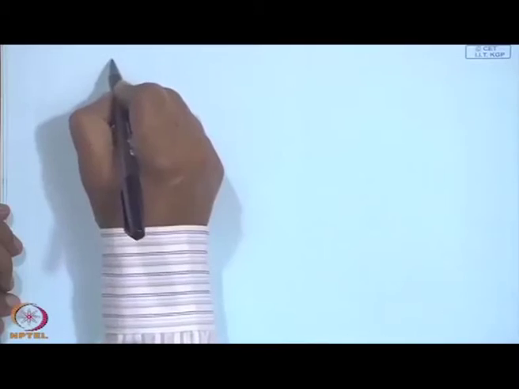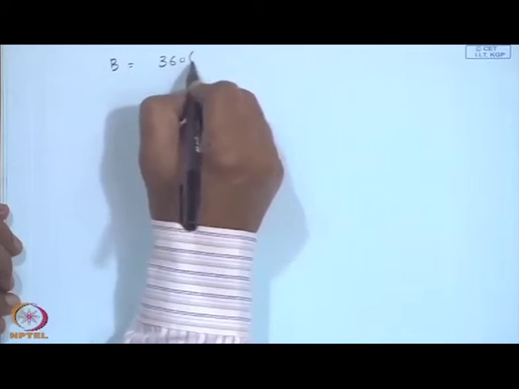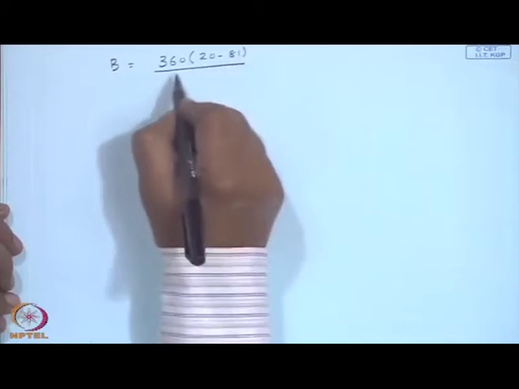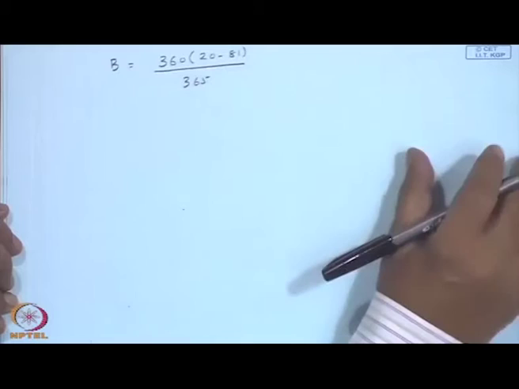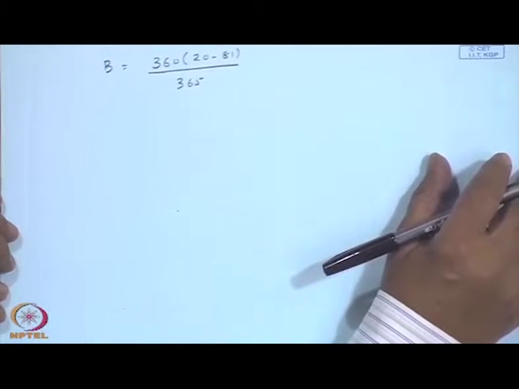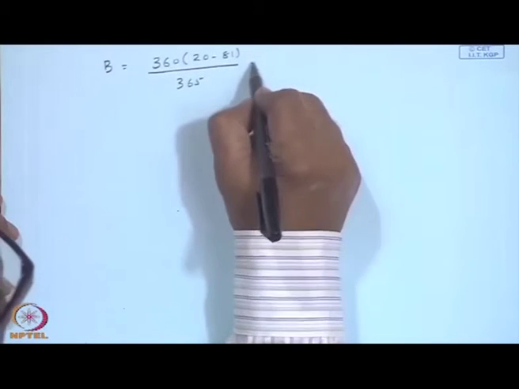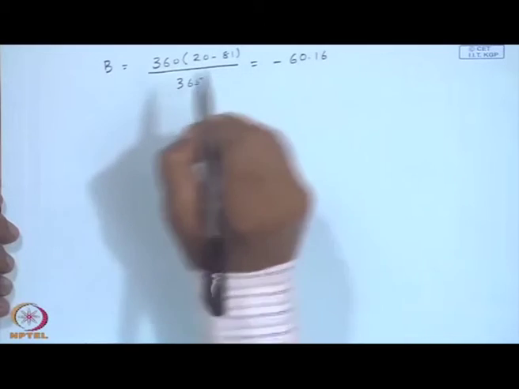First we shall calculate B, which is equal to 360 times 20 minus 81 by 365, right. N is 20 and that 81 is 81. This shall be equal to minus 60.16.